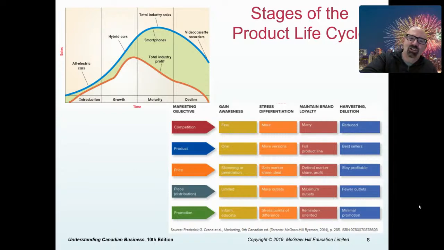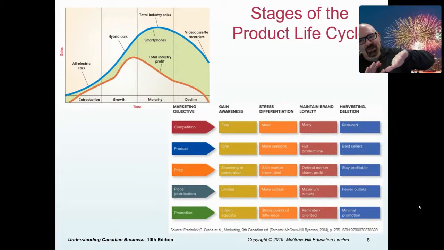Let's look at the blue curve. What happens with the blue curve? We see a product comes out, or a product category is introduced, and the sales start to go up.